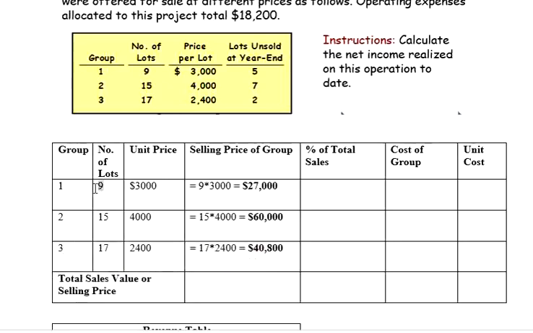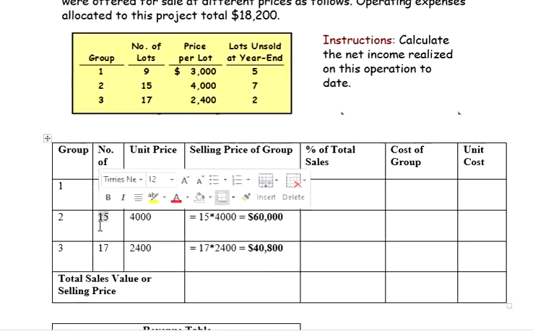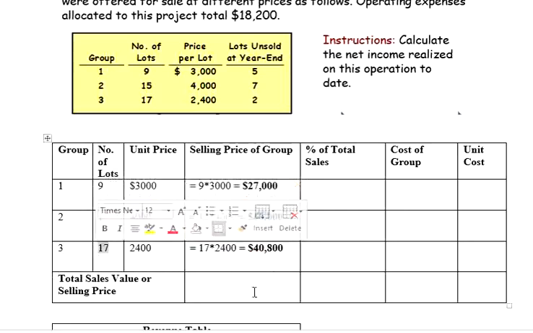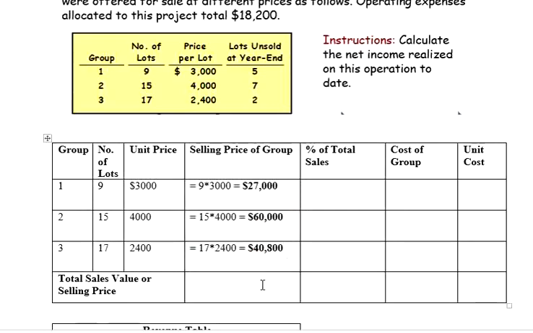If I sell 9 lots of group 1, 15 lots of group 2, 17 lots of group 3, which means I receive 27,000 plus 60,000 plus 40,800, then I will actually receive $1,27,800. That's the total revenue that I can generate if I sell every lot of this building. So that's my total revenue.